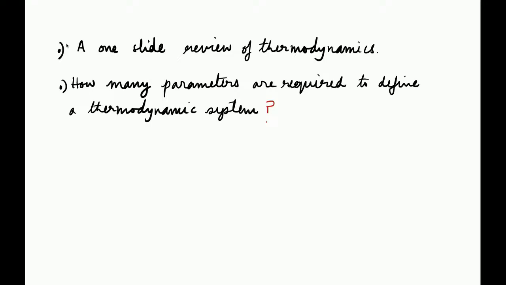But given a system, how can you figure out how many are required? So for example, if I want to specify the state of a gas, how many things will you specify? Pressure and?